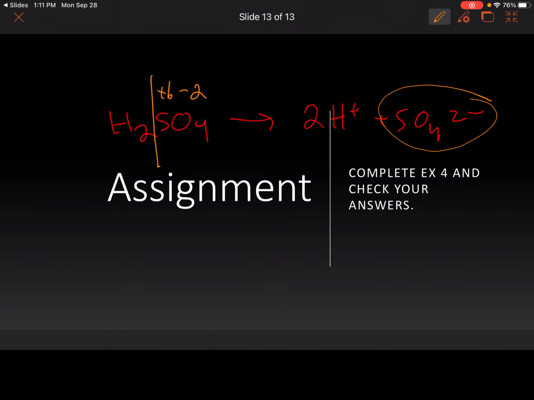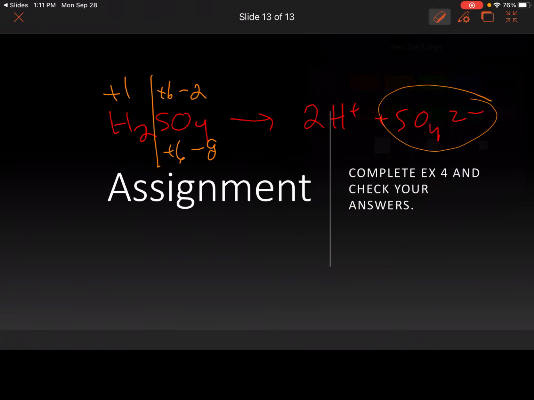So I know that the sulfur has to be +6, because +6 minus 8 is going to give me my -2. That's where that comes from. And then the hydrogen I know is going to be +1, and I've got 2 of them, and that will balance it out. So +1 for the hydrogen, +6 for the sulfur, -2 for the oxygen.